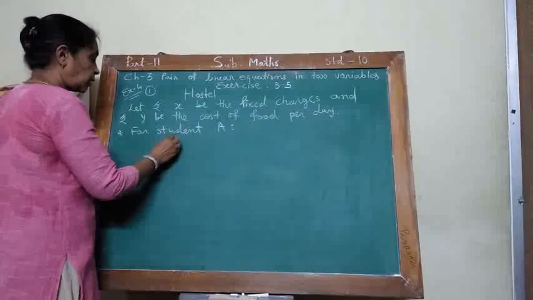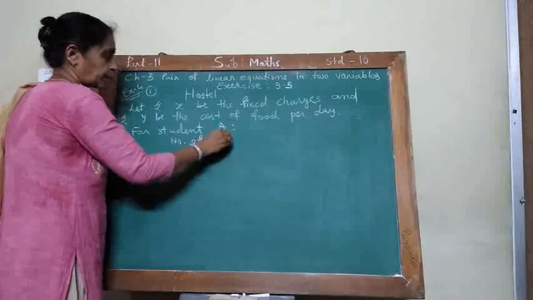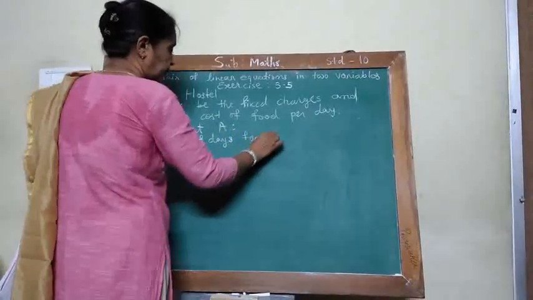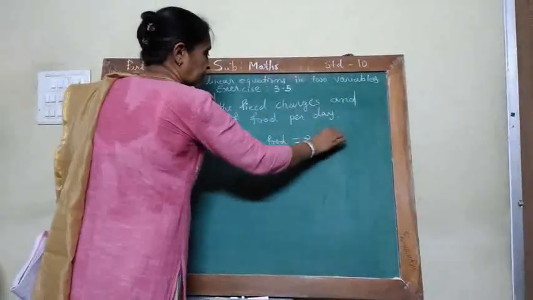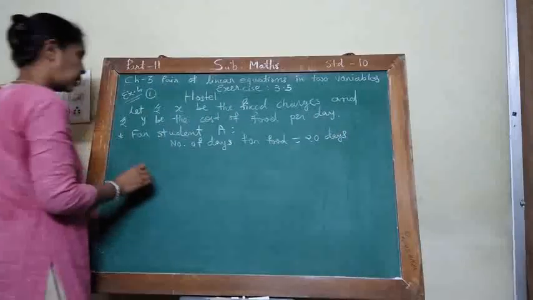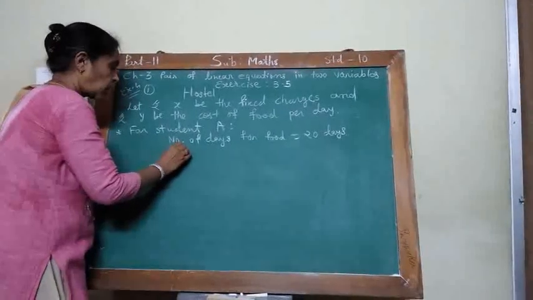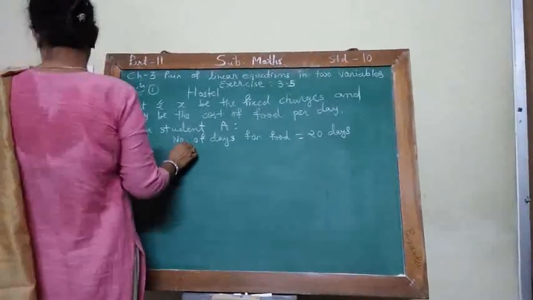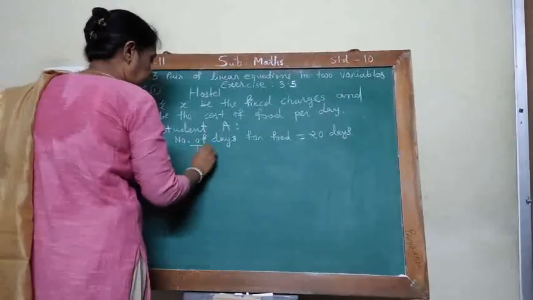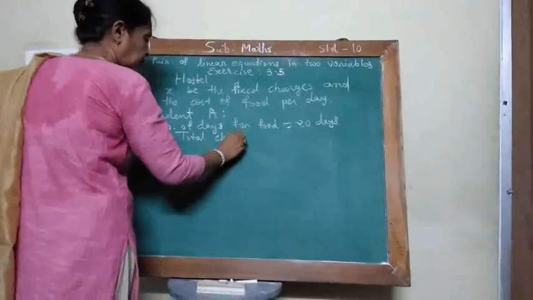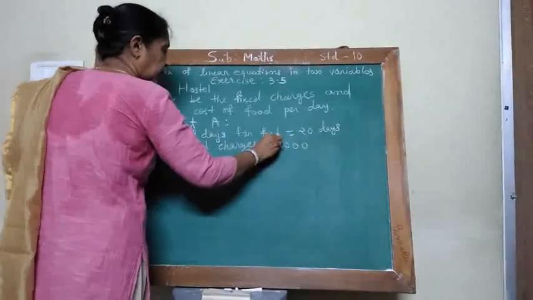So the number of days for food is equal to 20 days, and she pays ₹1,000 for hostel charges, so total charges is equal to ₹1,000.